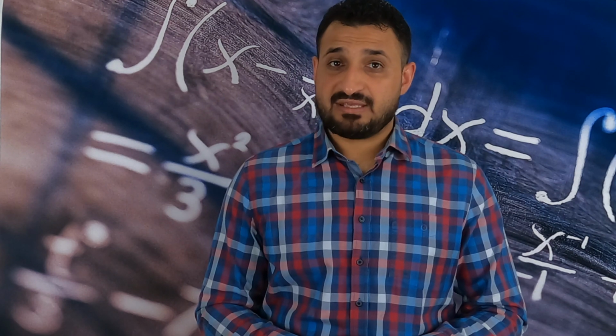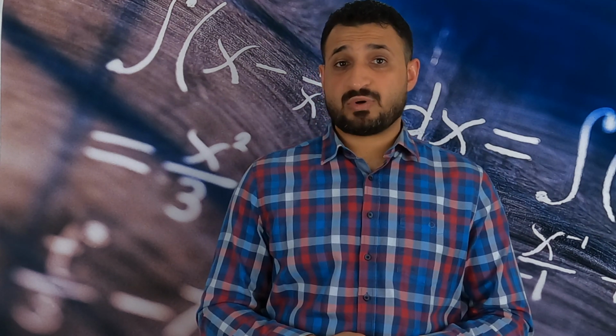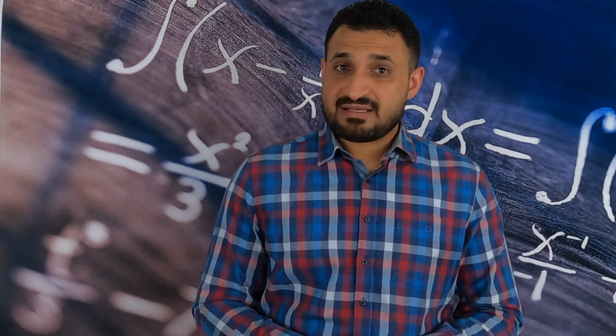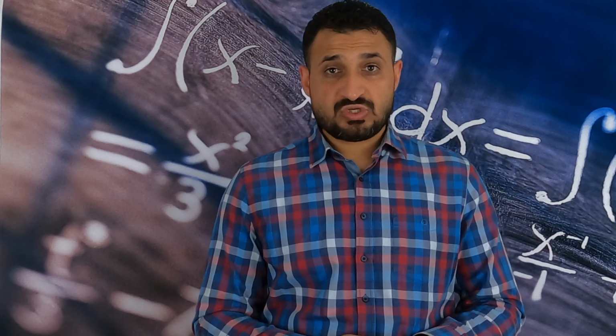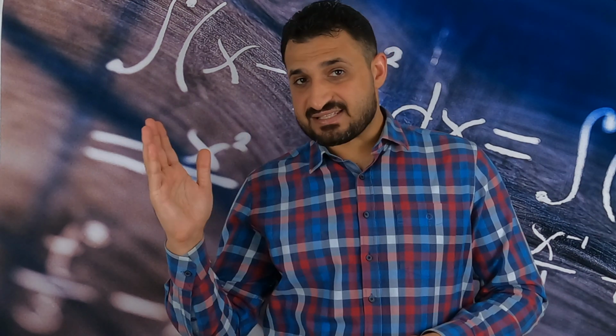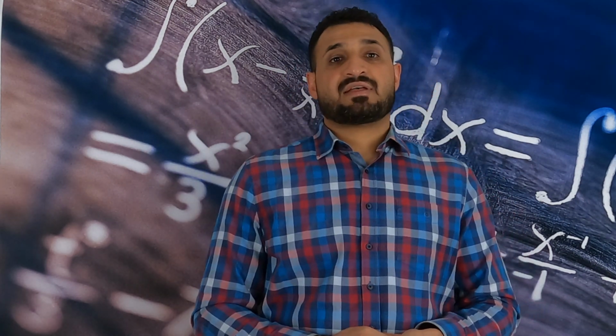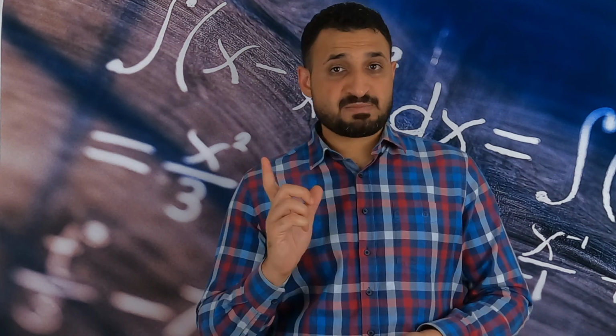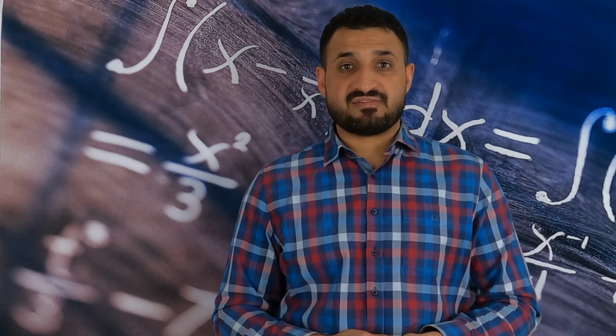X power 3 minus 5 equals 2x minus 3. 3x plus 2 equals 1 over 5 x. Next one, 3 over 7 x minus x power 2 equals 12.